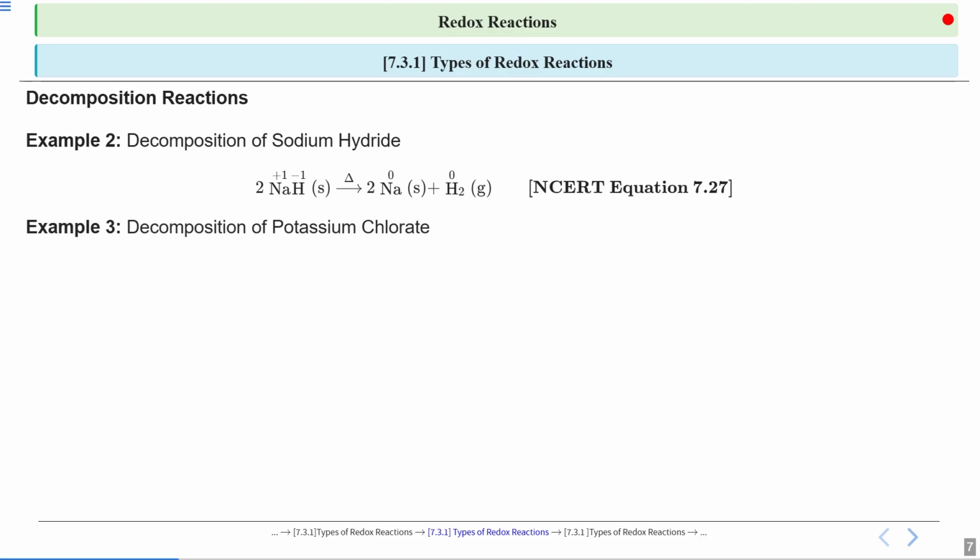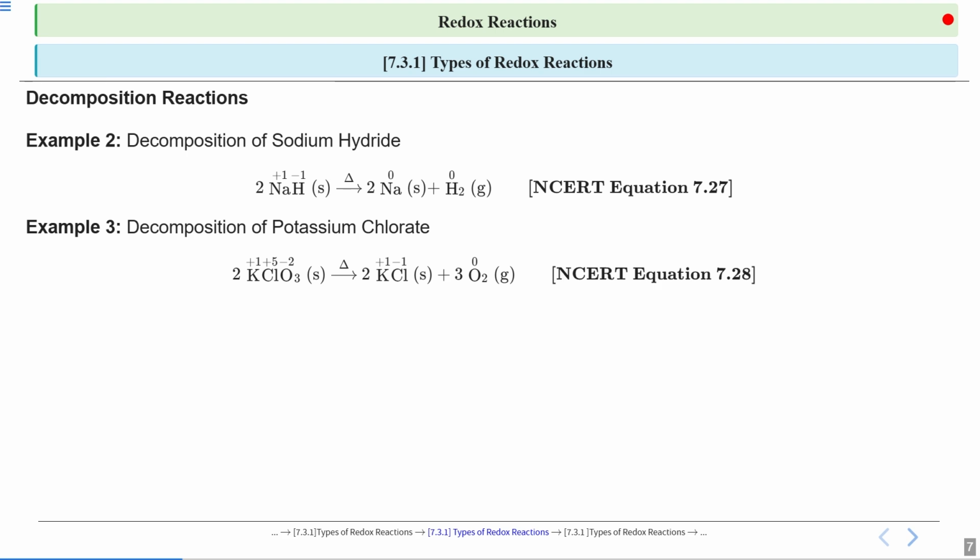While in the third example, which is the last example of decomposition reaction, that is the decomposition of potassium chlorate. In this, the potassium chlorate is decomposed, or broken down, into two simpler substances. The first one is potassium chloride, while the second one is oxygen. Here you can clearly see that one of the products formed during the decomposition of potassium chlorate is O2, which means that there is one compound existing in elemental form.